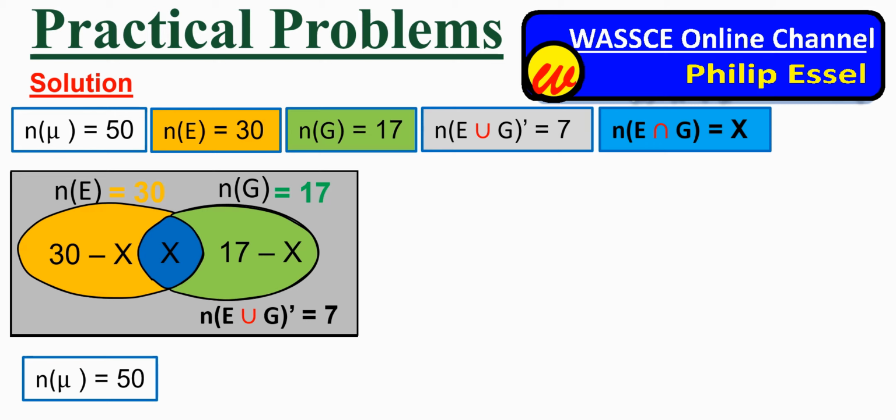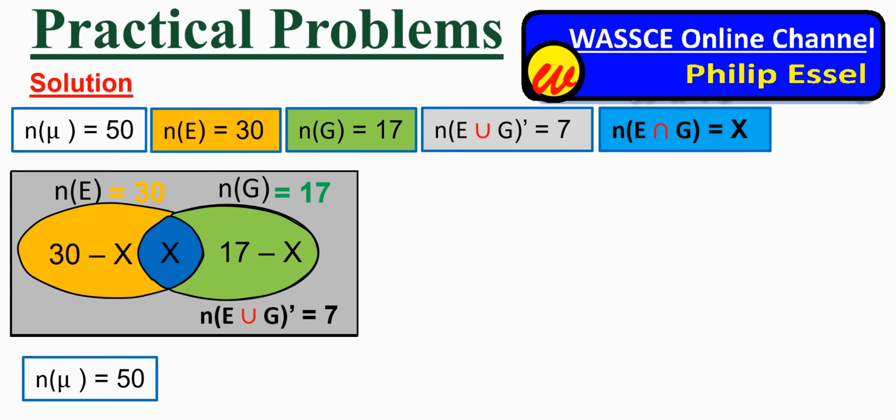So if we are asked to tell the total number of students in this class, we would have to add all the various groups together. So let's do this quickly. And remember, the total number of the people in the class we also know is equal to 50. So whatever we get after we tabulate the total groups in the class, we would have to equate it to 50.